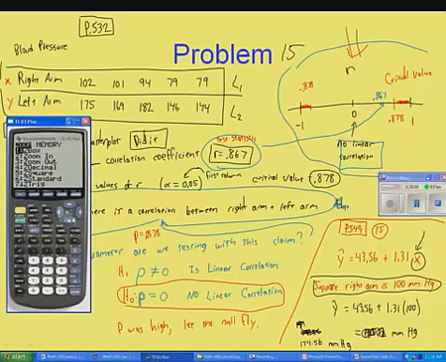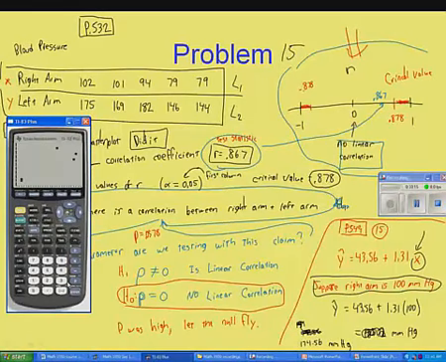I could still hit zoom stat, and I will get different points, and I'll get a line that goes through them if I did it right. What happened? I don't know. Did I miss my negative? Oh, I didn't change the stat plot. That's the problem.